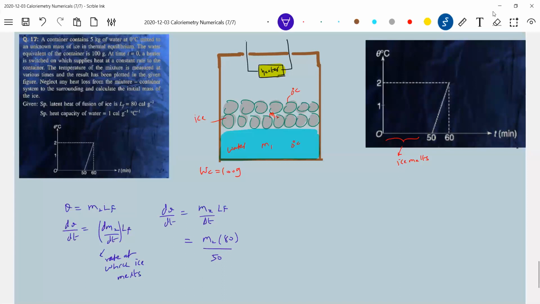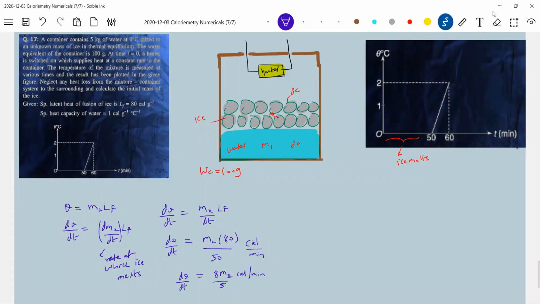The rate at which ice will melt should be equal to dQ by dt. What should be the unit? Calorie per minute, no? So 80 calories in 50 minutes, this will be 8 m2 by 5 calorie per minute.